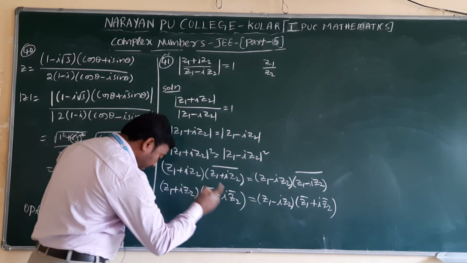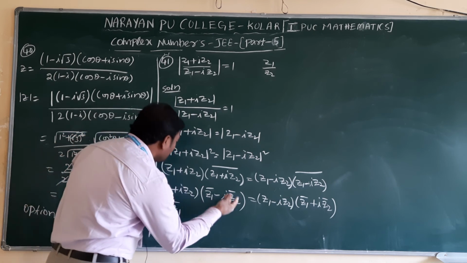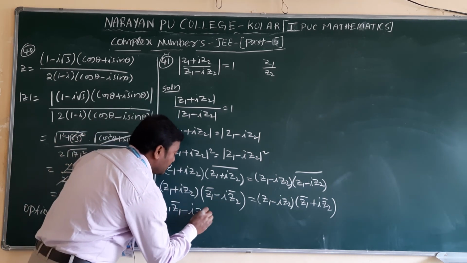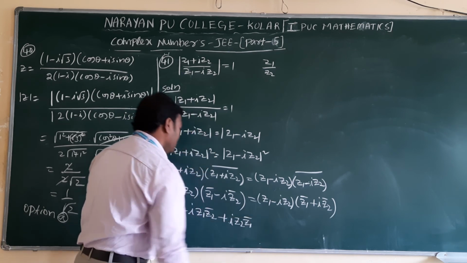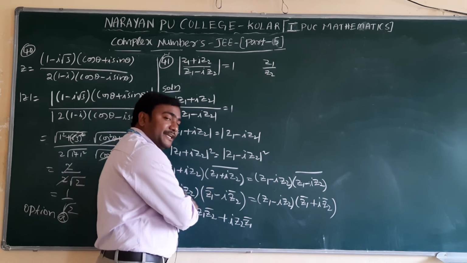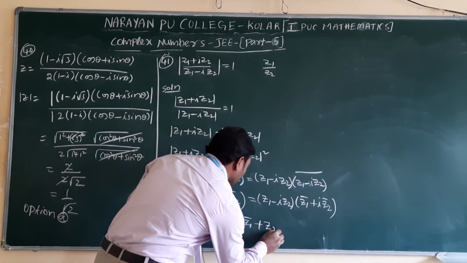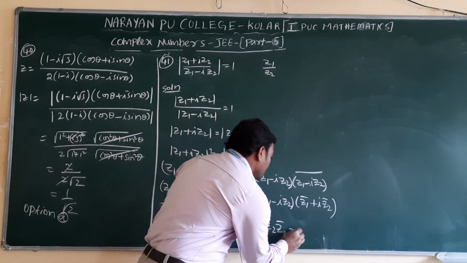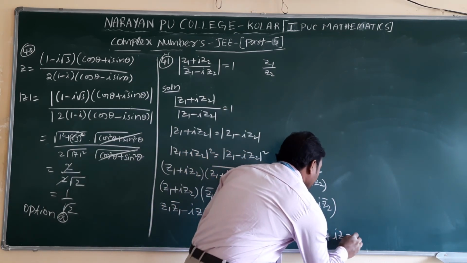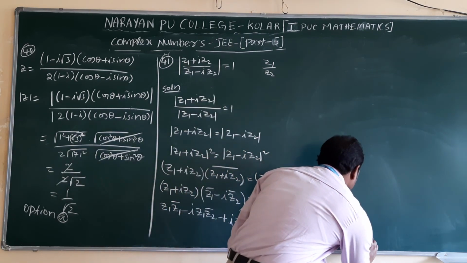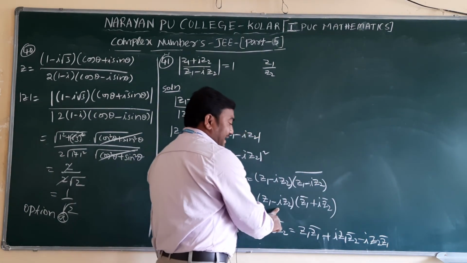So here multiplying, z1 into z1 bar, z1 into minus iz2 bar, we have minus i into z1 into z2 bar, plus i into z2 into z1 bar, plus minus i into i square, we are getting minus i square value plus 1, directly plus z2 into z2 bar, is equal to z1 into z1 bar plus i into z1 into z2 bar, minus i into z2 into z1 bar, again minus into plus, minus i into i square.